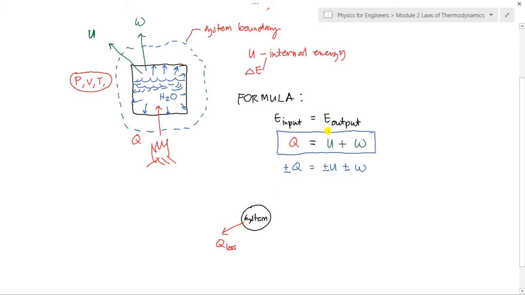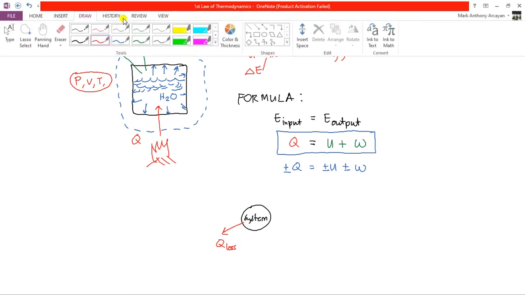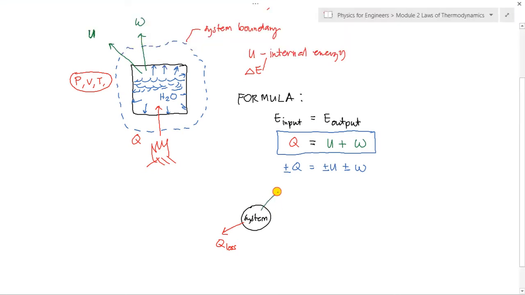And the same thing with the work, but not with the internal energy. Okay, for the internal energy, when we say positive internal energy, it indicates that we have an increase in internal energy. And then, if we have negative internal energy, what does it mean?